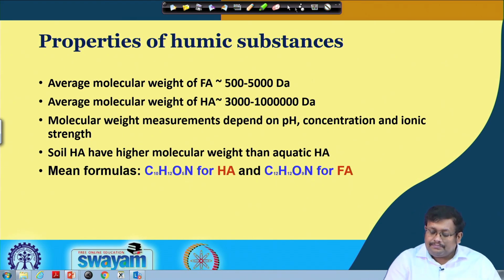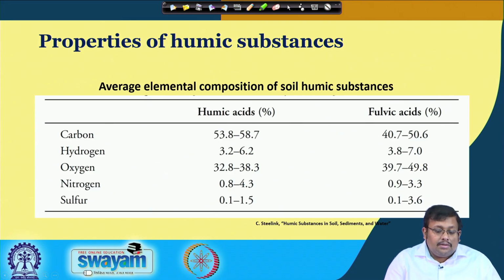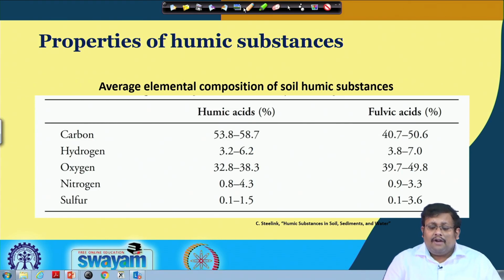If we also see the composition of humic acid and fulvic acid, this table shows the clear difference between them. One thing is clear, that humic acid contains higher carbon than fulvic acid.